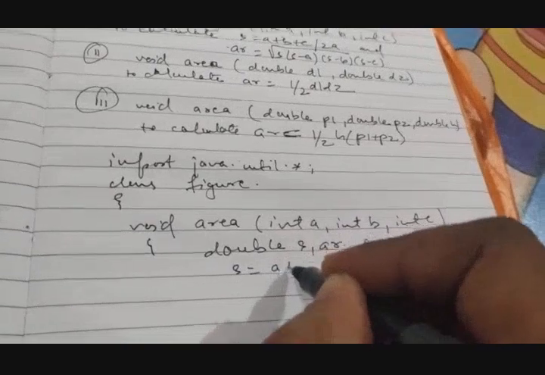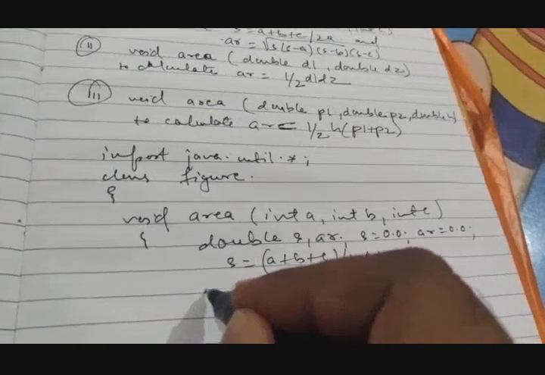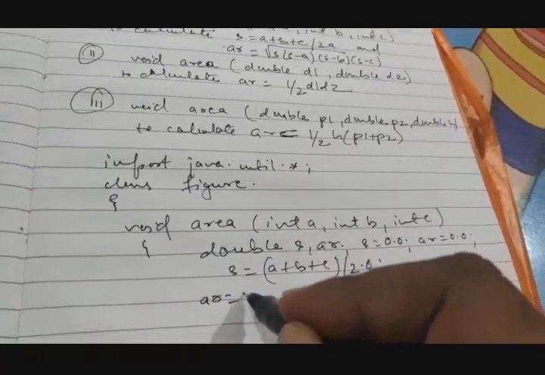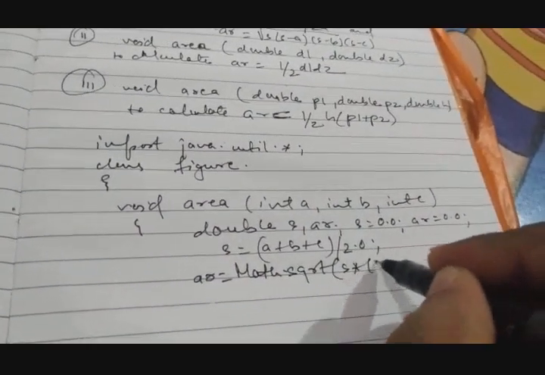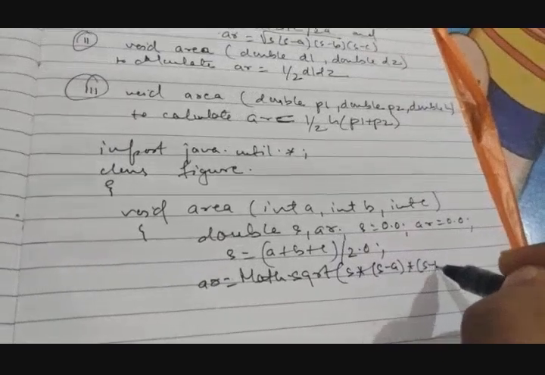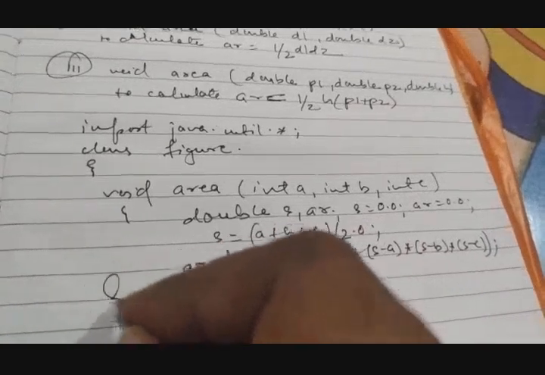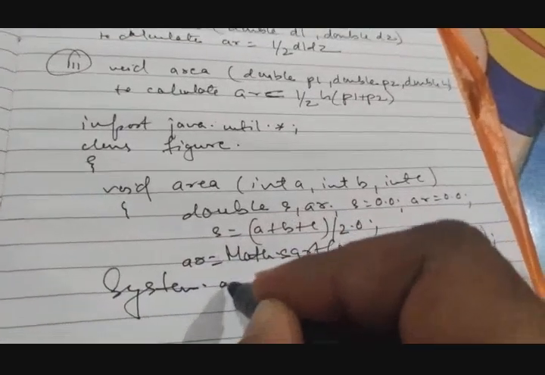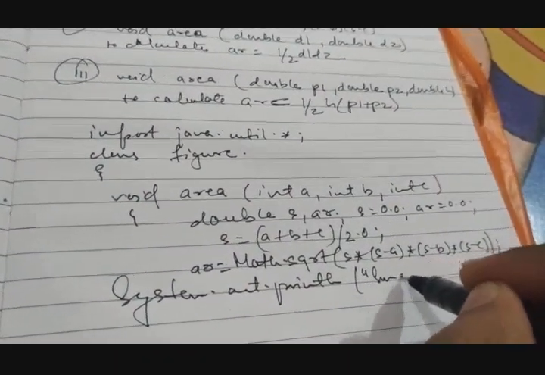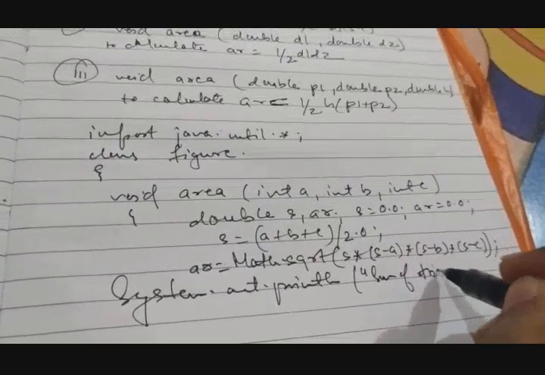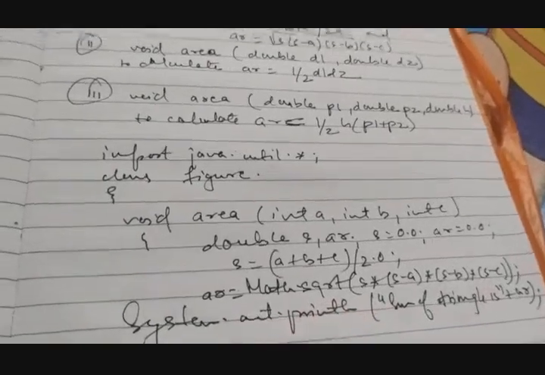So s equals a plus b plus c upon 2.0. ar equals Math.sqrt(s into s minus a into s minus b into s minus c), and print now System.out.println, area of triangle is plus ar. Close that function.